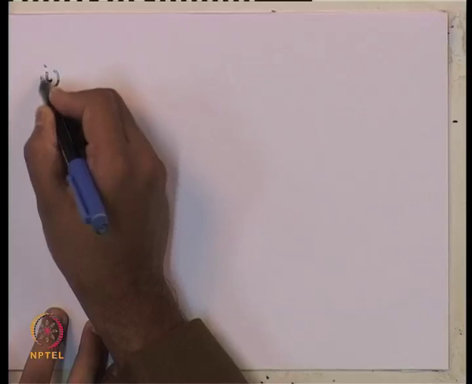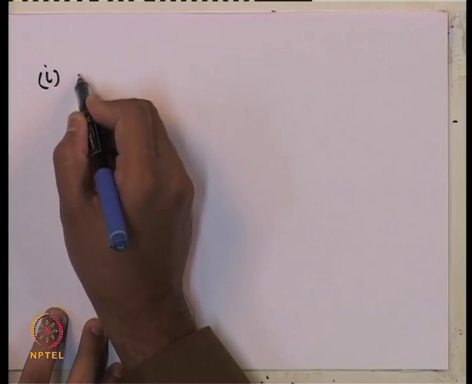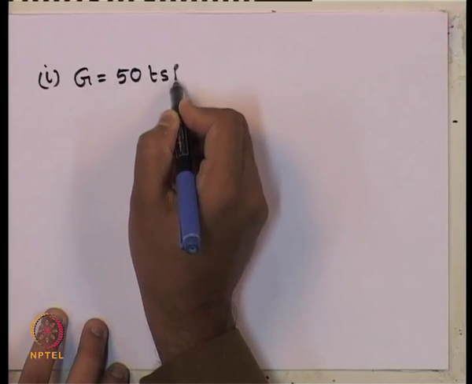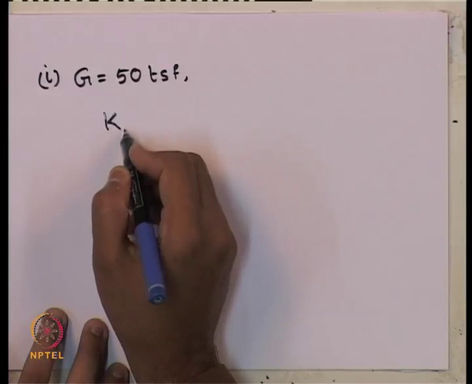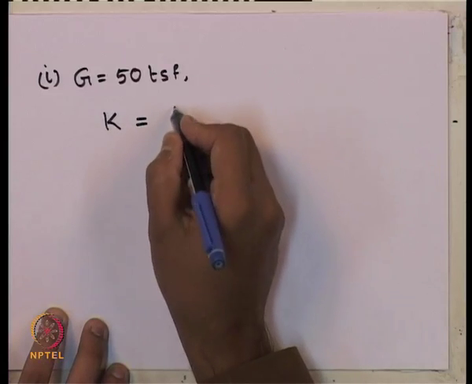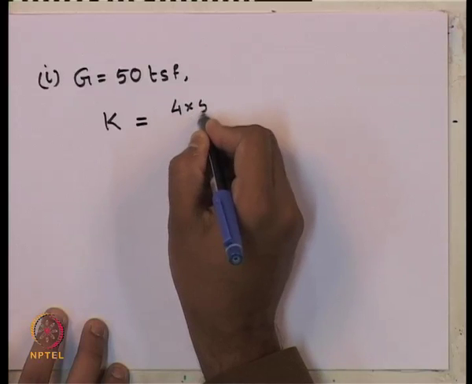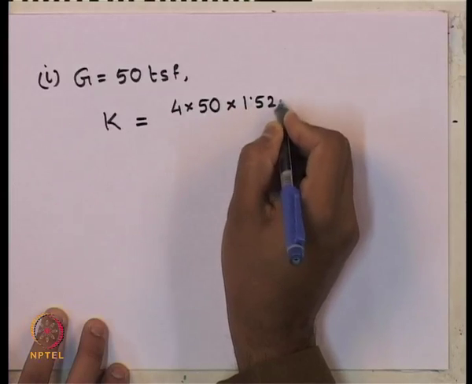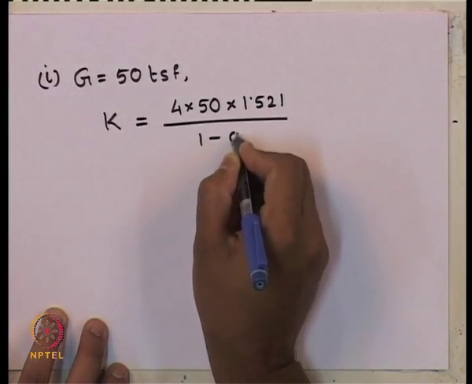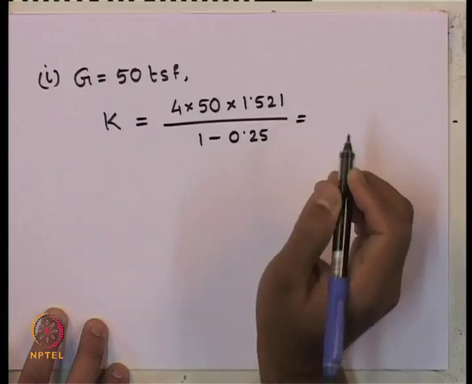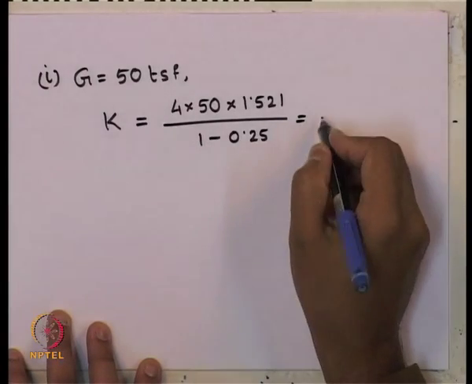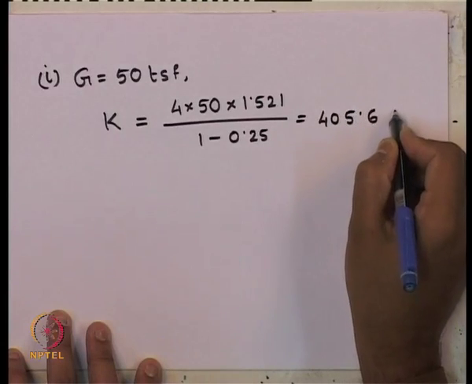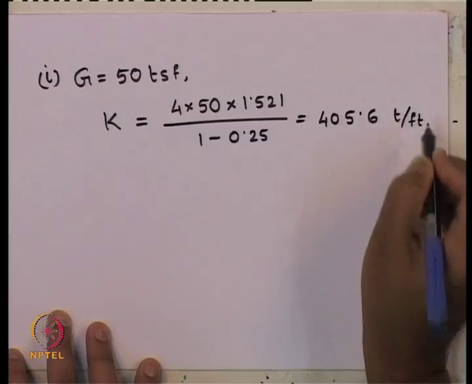So, for first type of soil, that is for G equals to 50 TSF, K is calculated as 4 into 50 into R naught 1.521 by 1 minus mu, 0.25, which is coming as around 405.6 in the unit of ton per feet.